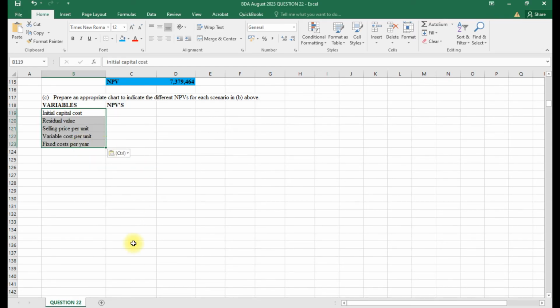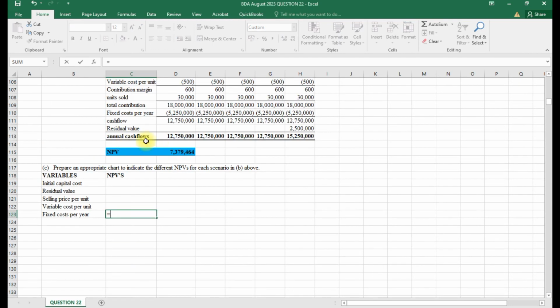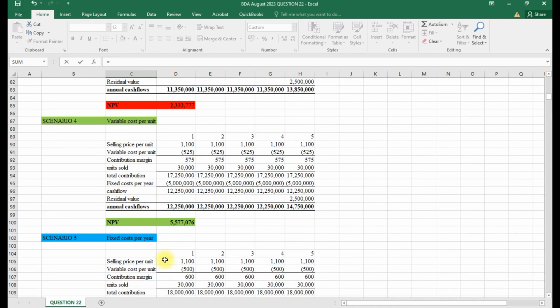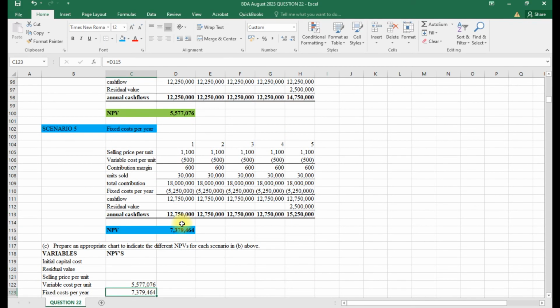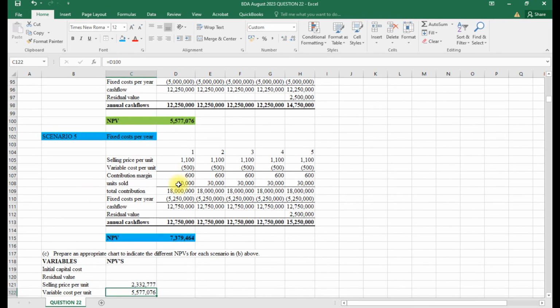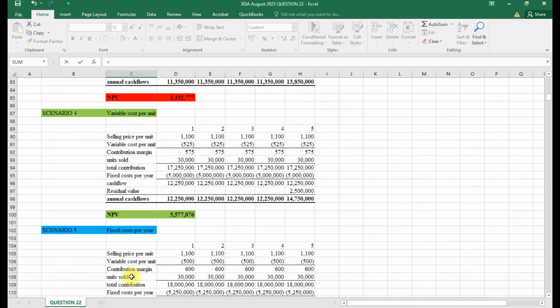And the NPVs, so the last one is this, that we have changed the fixed cost, it has an NPV of that value. The variable costs was the second last scenario, this one, that was the NPV. For the selling price, the NPV was this. For the residue, the NPV was 82.